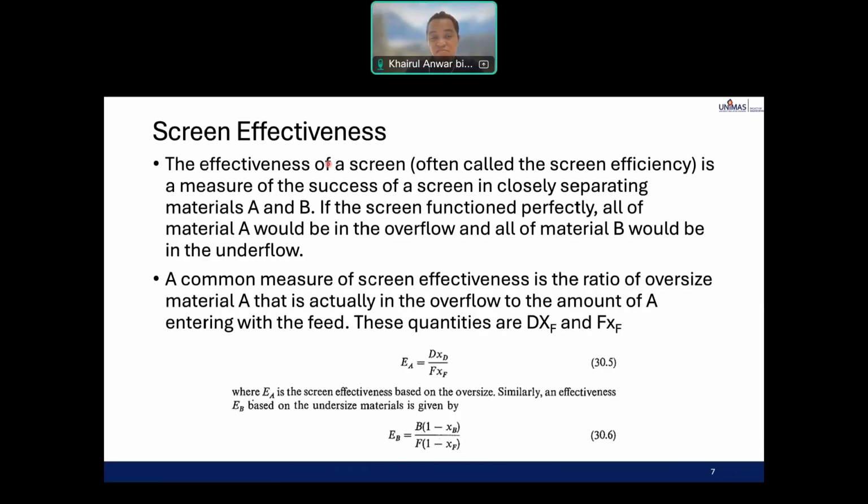Some material A might stay over the screen, and some B might pass through the screen. A common measure of screen effectiveness is the ratio of oversized material A that is actually in the overflow to the amount of A entering with the feed. So this quantity is DXD over FXF, where XF refers to the mass fraction of feed.